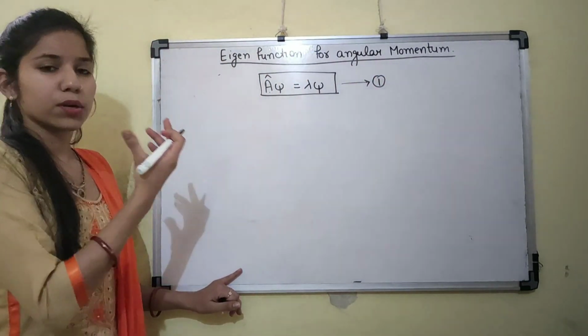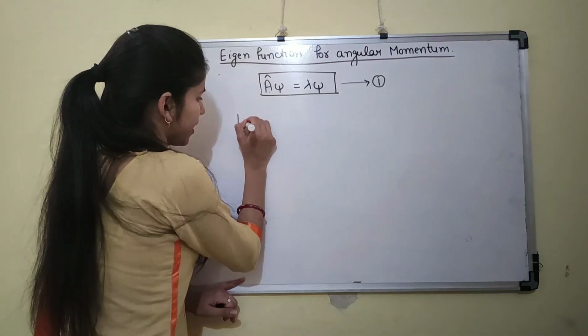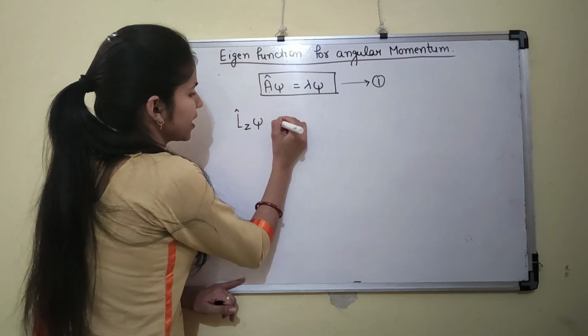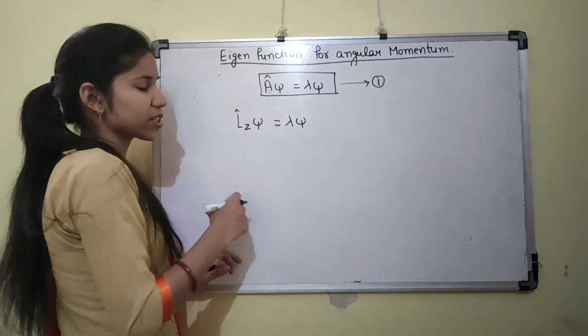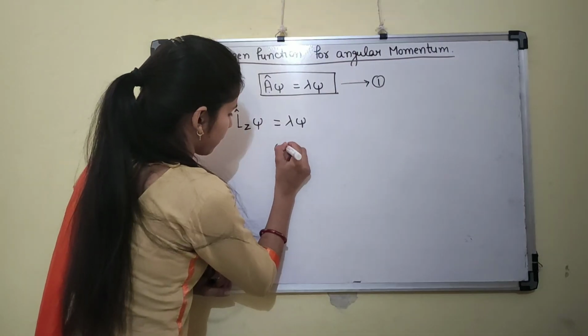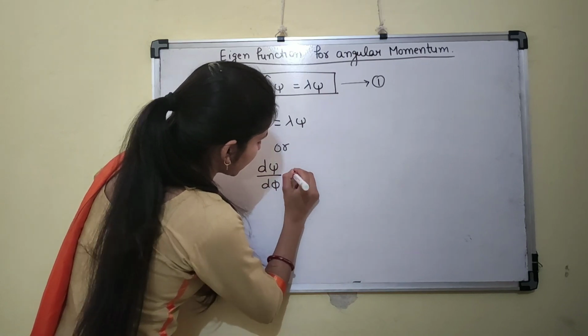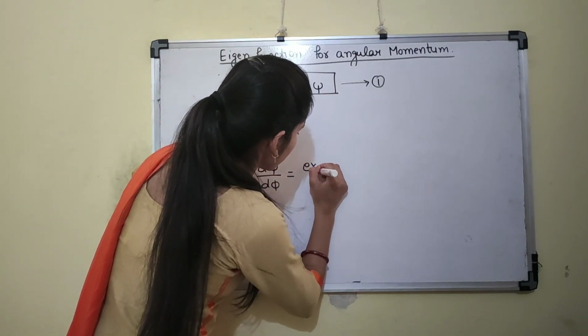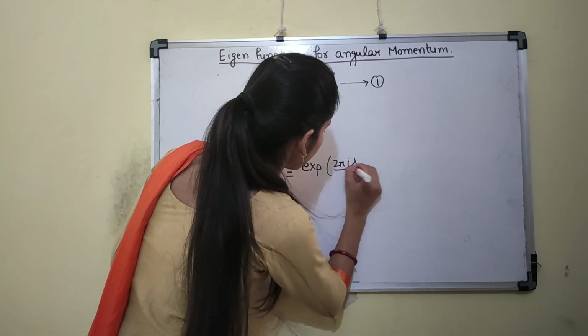Now angular momentum for the z coordinate can be written as Lz psi equals lambda psi. And this equation can also be written as d psi by d phi equals exponential 2 pi iota lambda by h.